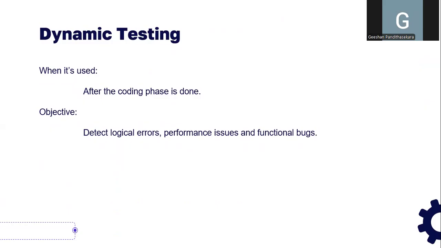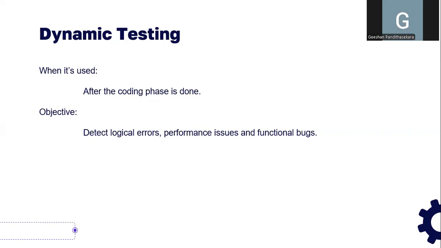Dynamic testing is usually done after development or once a build is ready. It's especially good at catching bugs that only appear when everything is live. Logic errors, slow performance, or features not interacting correctly, all of that is determined here.